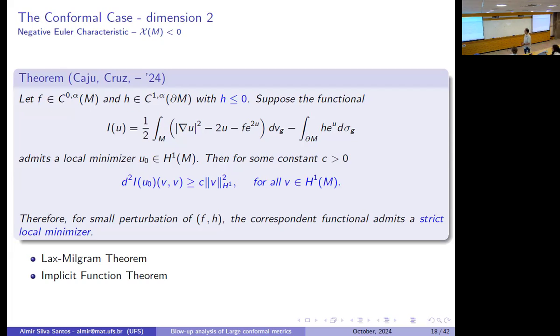One thing that I want to mention is that the functions f and h can have a lot of maximum points at the boundary, but only three of them will be the blow-up points. So you don't know which ones can have the blow-up.